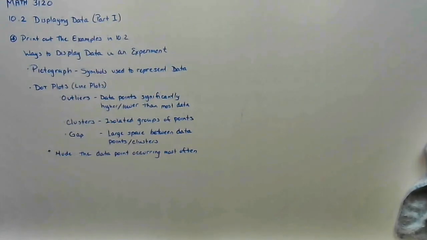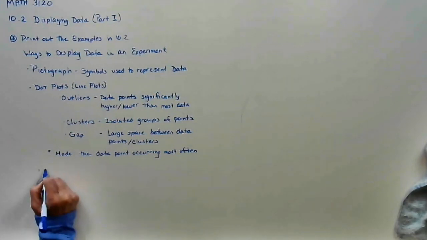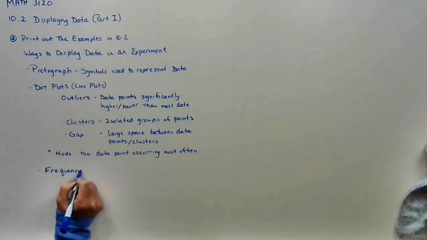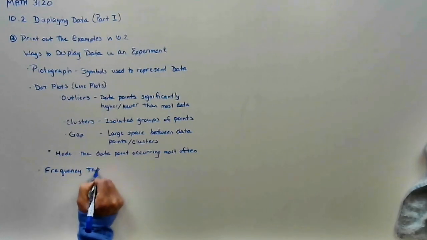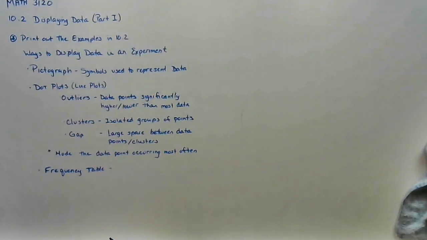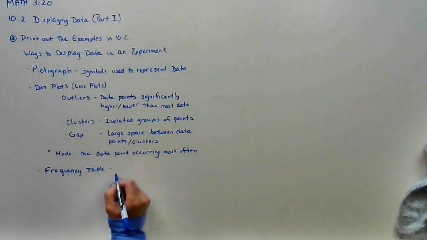All right, so we've talked about pictographs and dot plots. We also need to take a look at a frequency table. And we saw some of those in the last section. A frequency table displays the data, the number of times the data elements occur.